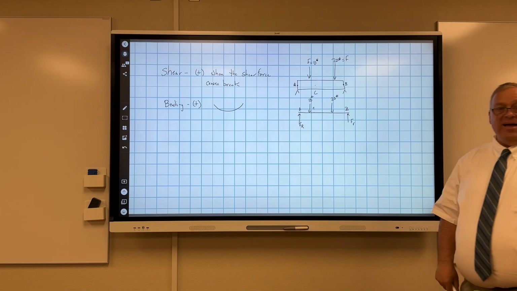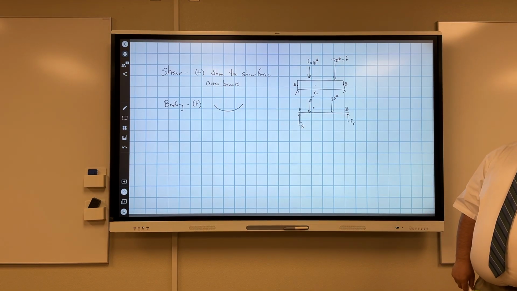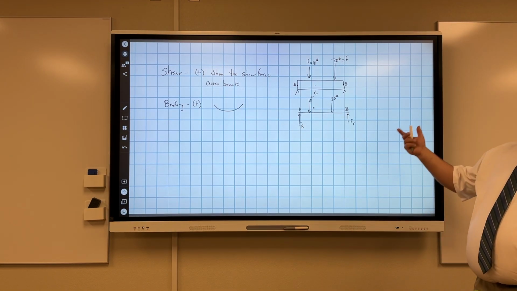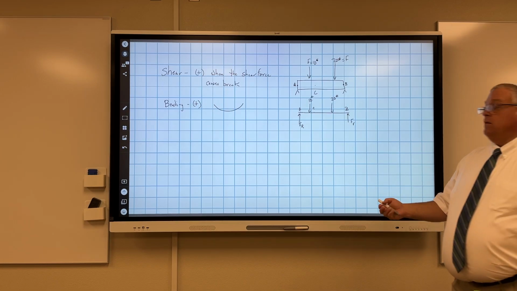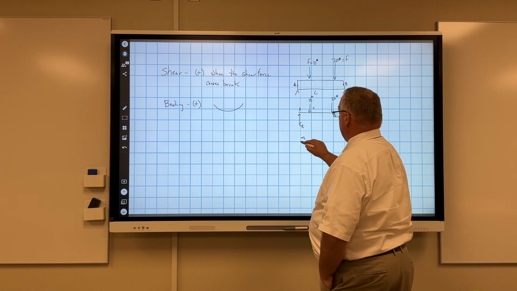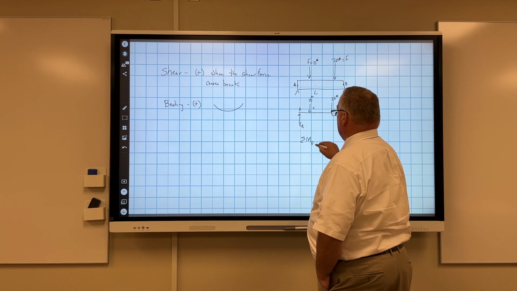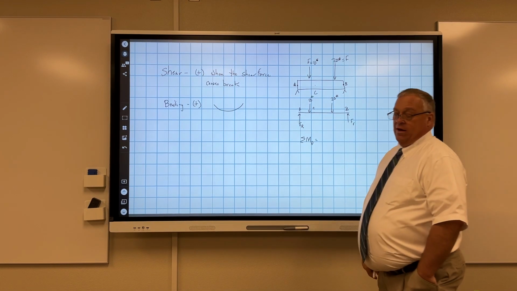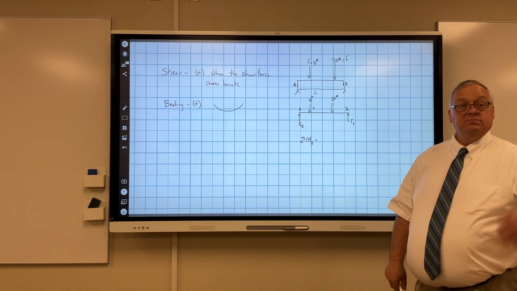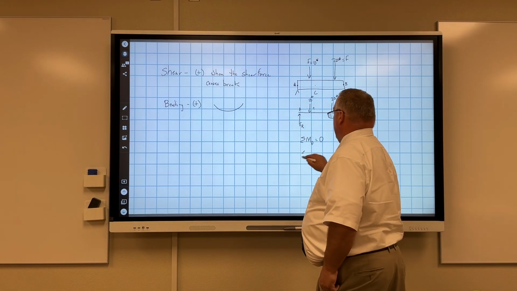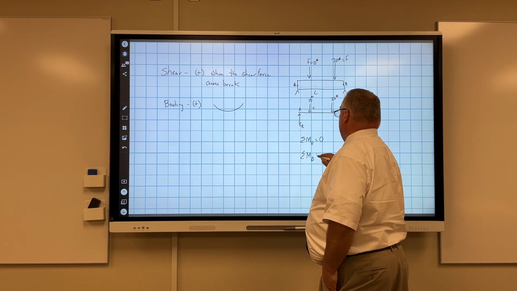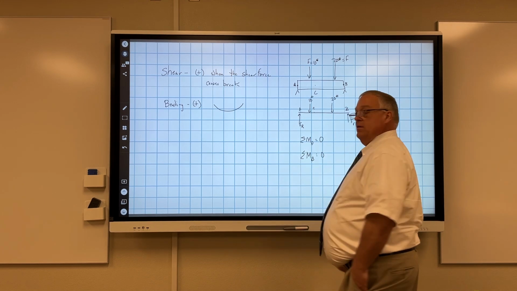Now, could I find any information from that? Yes, I could determine the reactive force at A and the reactive force at B. How can I do that? The sum of the moments at A are equal to what? 0. And the sum of the moments at B are equal to 0.